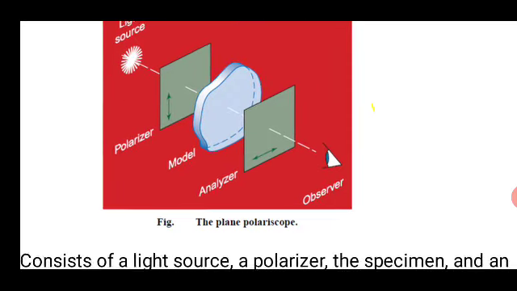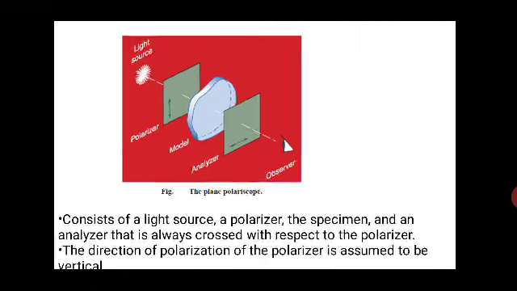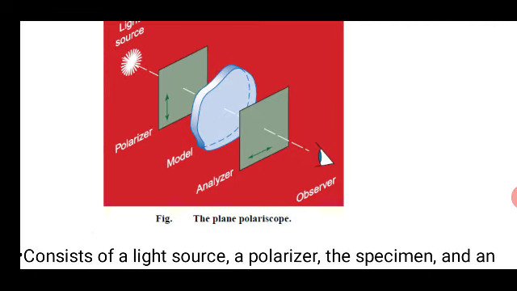Here is the light source, and the second one is the polarizer, which converts the light wave to be parallel to the plate. In between we need the third element, the model, where we need to observe the stresses. This stressed model is kept between the polarizer and the analyzer.